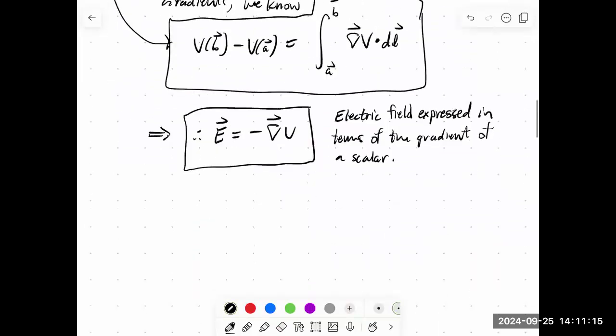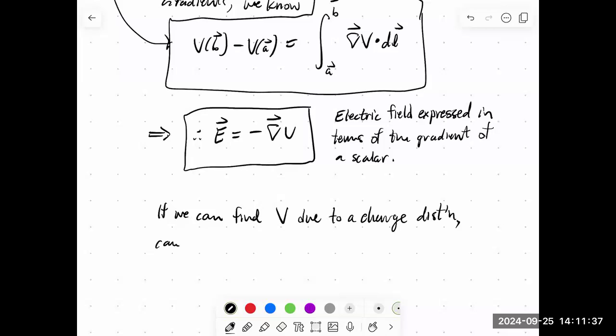And the reason that this is going to be useful for us in a practical sense is if we can find V due to a charge distribution, whatever it is, it could be point charges, a line of charge, any complicated distribution of charge, then we can deduce E from minus the gradient of that potential.